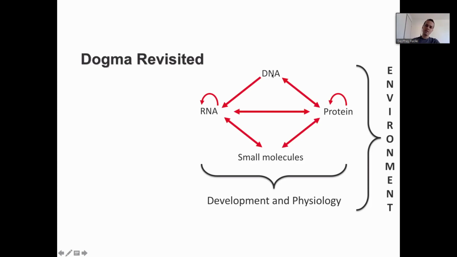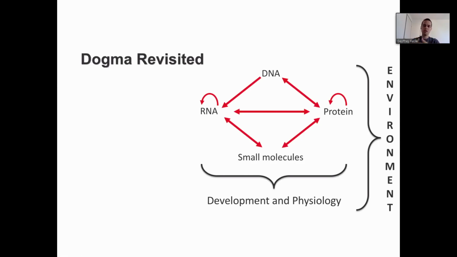The information flow isn't necessarily just linear from DNA to RNA to protein. We know that proteins can regulate themselves. Proteins can be regulated by the small molecules that they produce or acquire from the environment. Proteins certainly regulate RNA. RNA can regulate itself, for example through antisense binding.